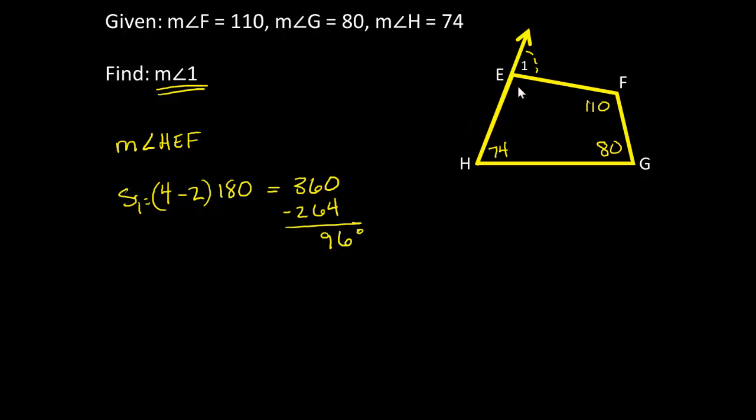96. So if this is 96 degrees, what is this? Well, these are supplementary angles, so we can take 180 minus 96, and that's going to give you 84 degrees. So the measure of angle 1 is 84 degrees.